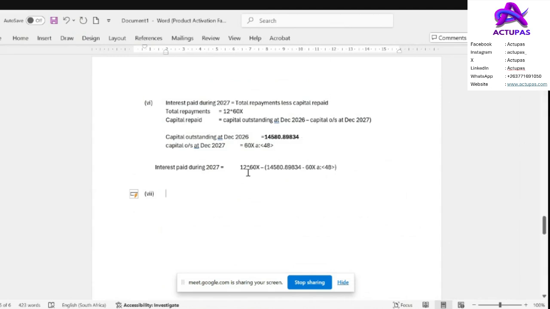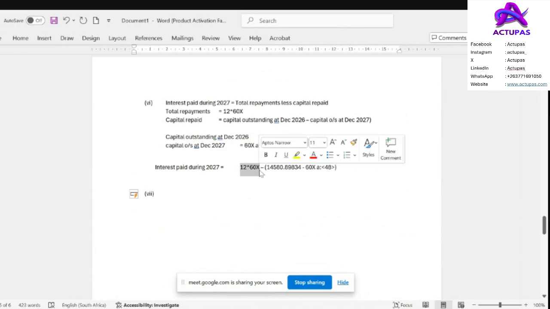So 12 by 60x minus 14,580 minus 60x a 48. Now we want to calculate the interest paid. The first part we want to simplify.